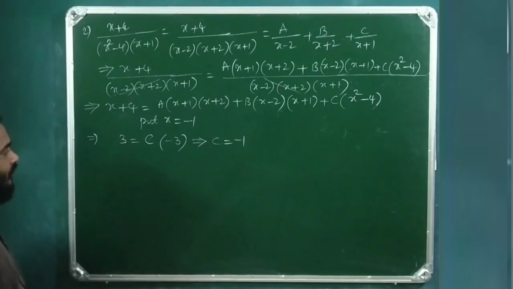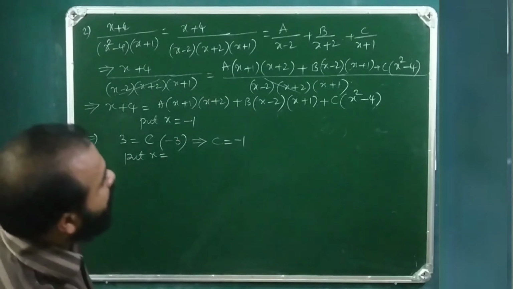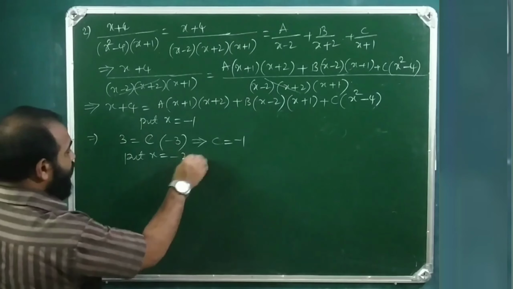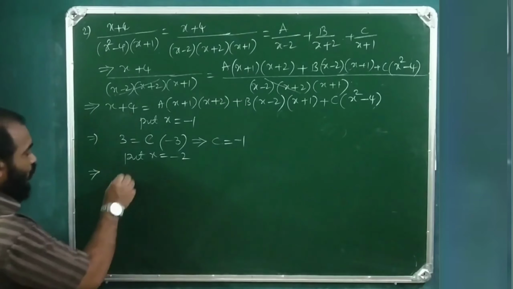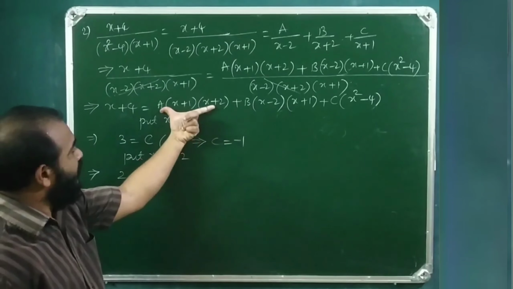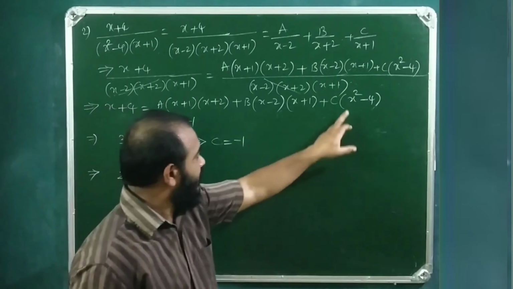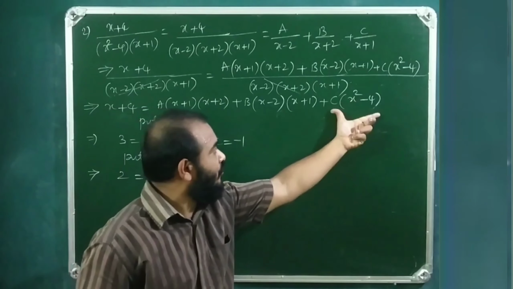3 ones are 3. So put x is equals to minus 2. Substitute. Minus 2 plus 4, 2. So minus 2 plus 2, 0 into something, 0. So next here, minus 2 whole square, 2 square, 4, 4 minus 4, 0.